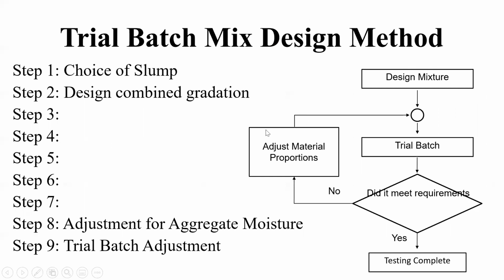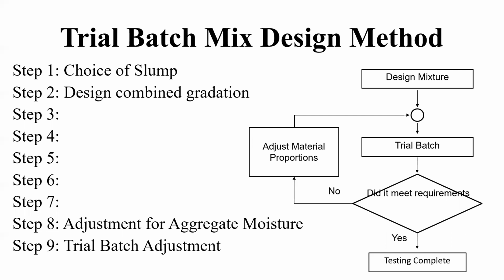So, trial batch method, I didn't have time to put all the steps down. But in essence, another way to design concrete is to just go out in the lab and start making concrete. So you may start out with something maybe ACI 211, or something that you just kind of came up with.